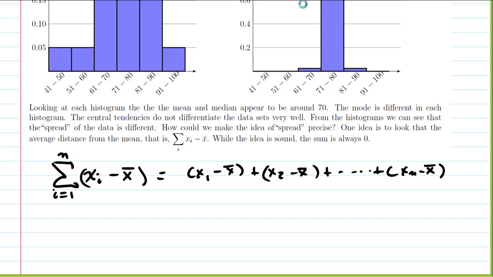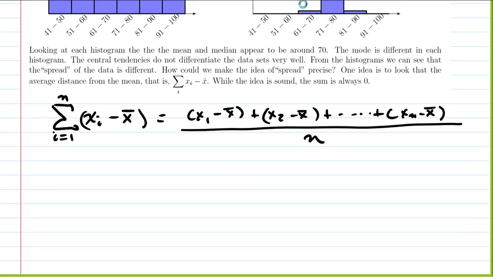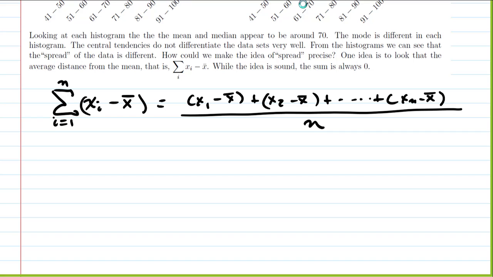Then we would have to divide all of that by n, because we're finding the average.